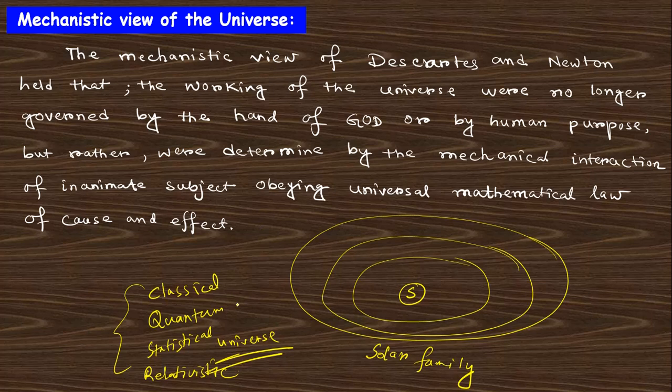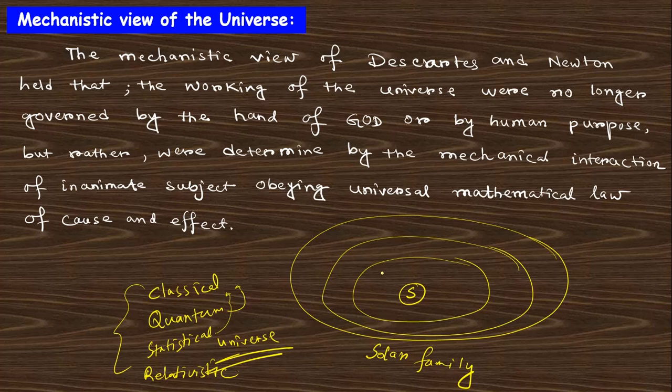Classical mechanics is nothing but a special case of different mechanics. They are interconnected to each other. These mechanics are not separate; they are interconnected through special cases. At a particular special case, this turns into this and this turns into this. Now we can say the total universe obeys these laws of mechanics.